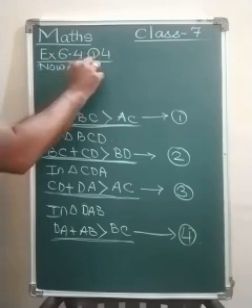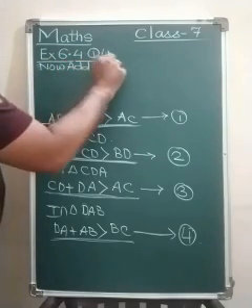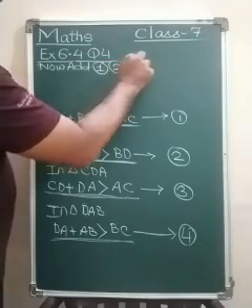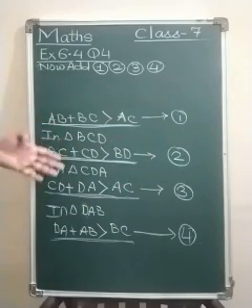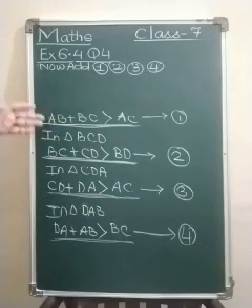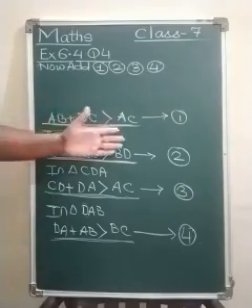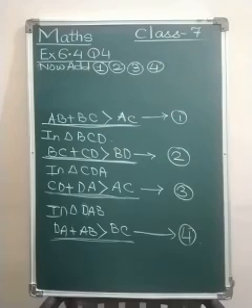Now add 1, 2, 3, 4. Again the same thing: what is on the left hand side will stay on the left hand side, and what is on the right hand side will stay on the right hand side.